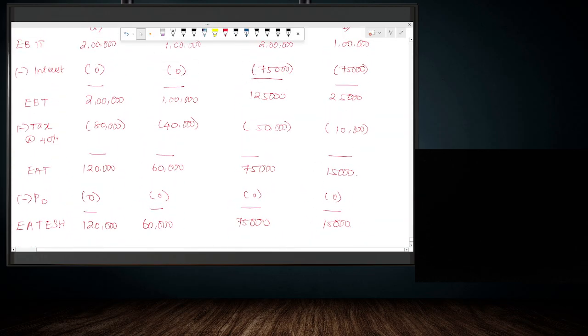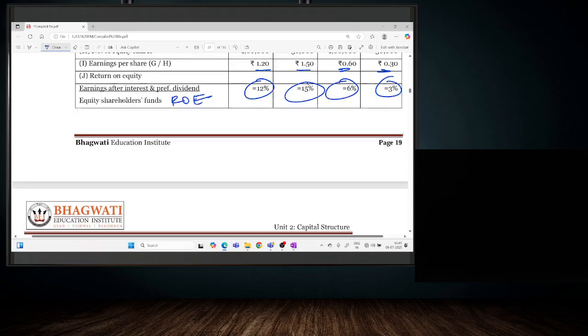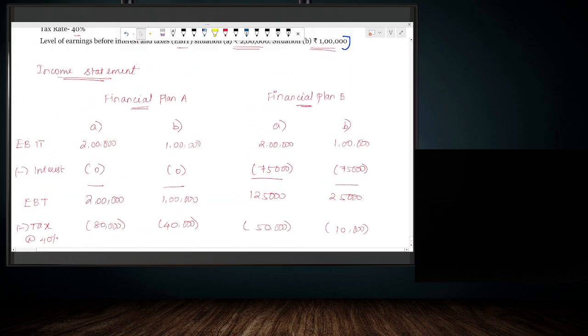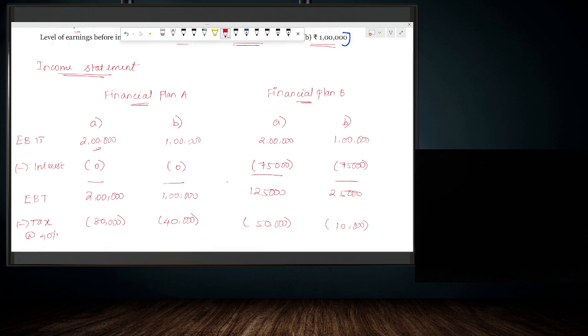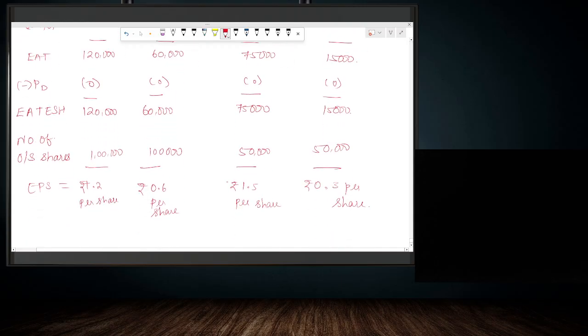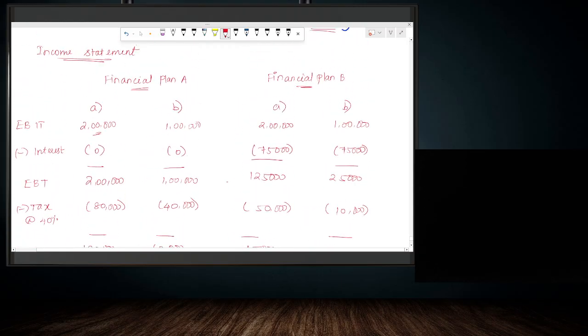What is important to understand here is, I've shown the analysis here. At EBIT level of 2 lakh rupees, plan B is the most attractive because EPS is 1.5 rupees, which is higher than the EPS under plan A. So, when your EBIT is rupees 2 lakh, which plan will you choose, financial plan A or financial plan B? You will choose financial plan B. Why?